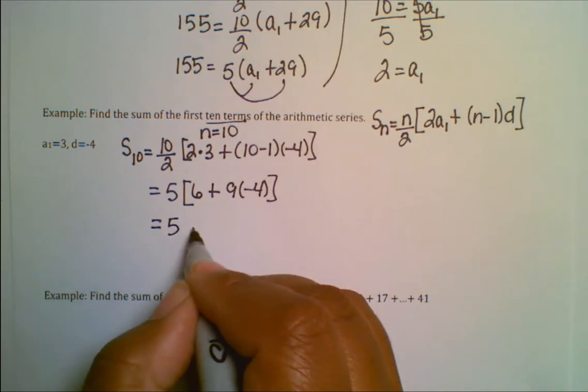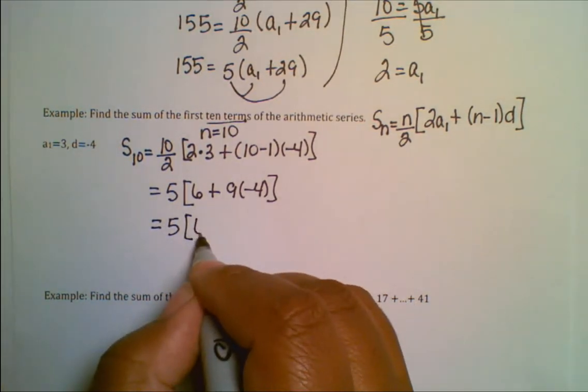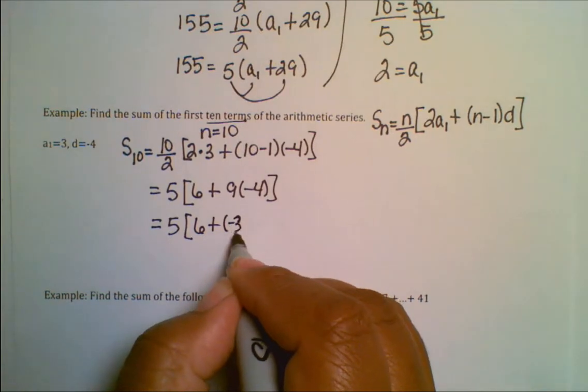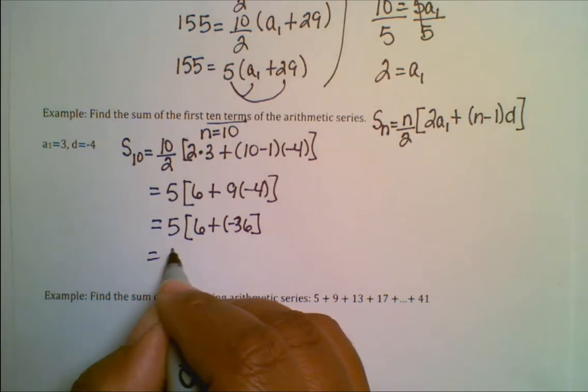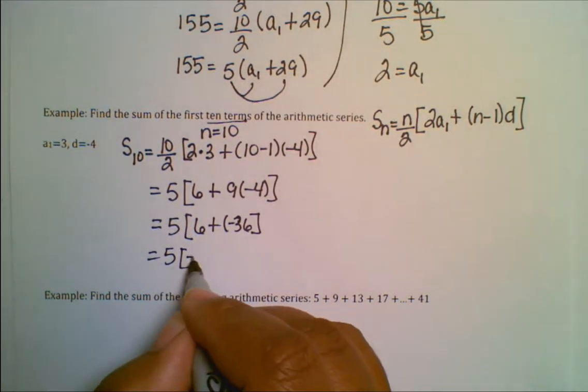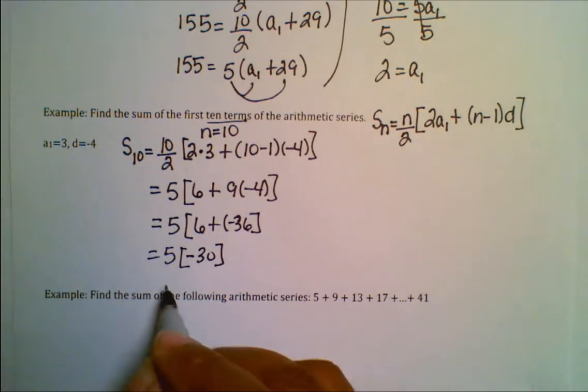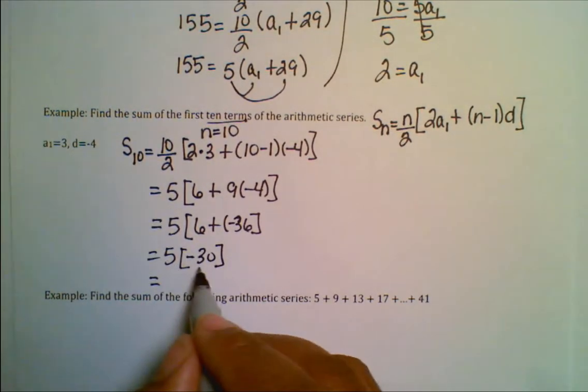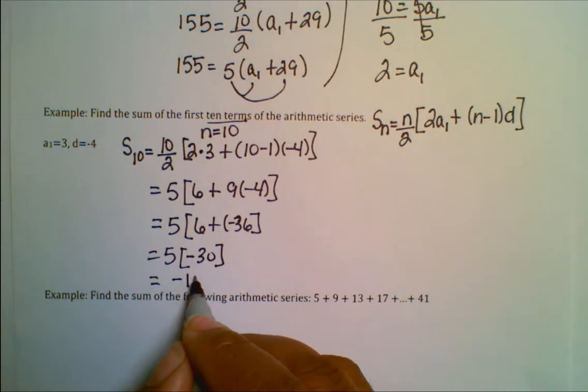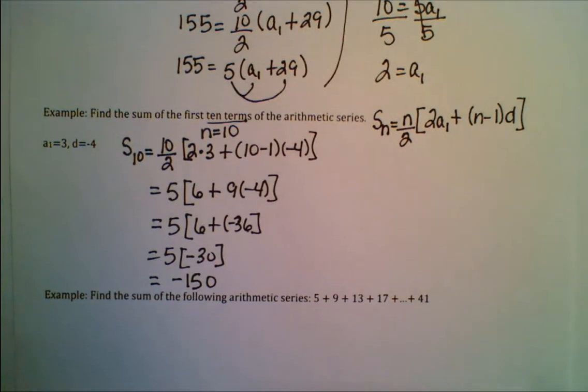Then we have 5 times 6 plus -36, 5 times -30. And we have 5 times -30, which is -150. So the sum of the first 10 terms of this series adds up to -150.